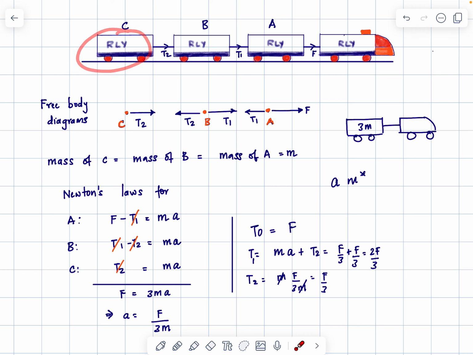That's the rule of thumb. If you look at here, the mass behind is only m, so m times F divided by 3m, we get only F divided by 3. That's the way to take a look at this problem.